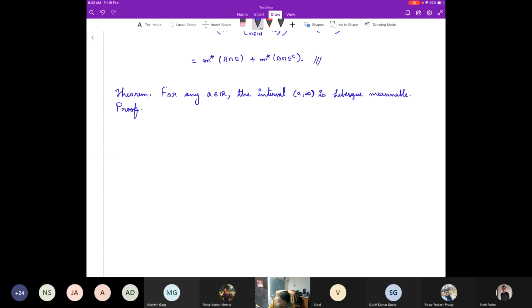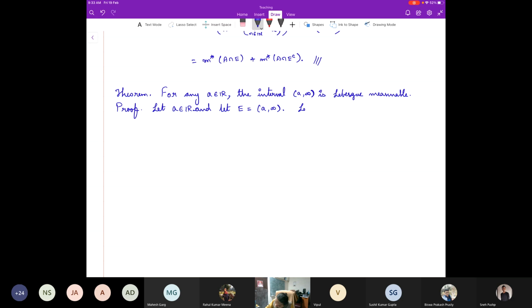Yes. So fix an a in R, and let me choose E as (a, infinity). We have to show that this E is Lebesgue measurable.